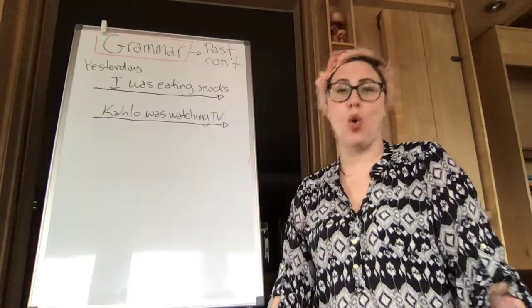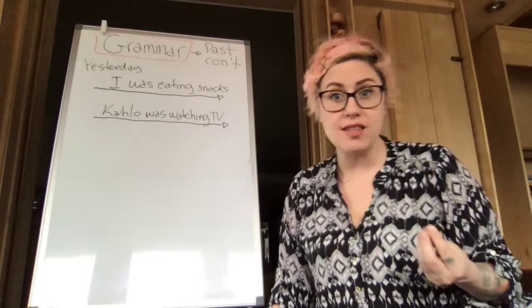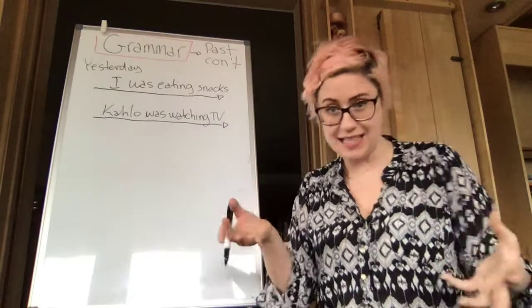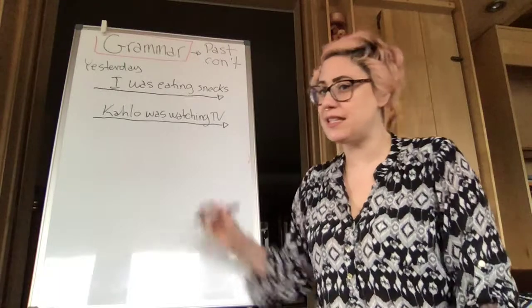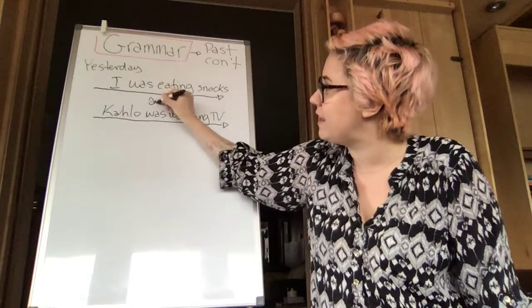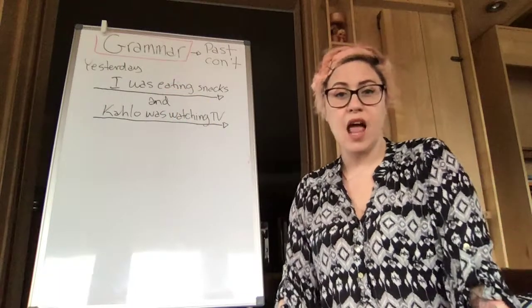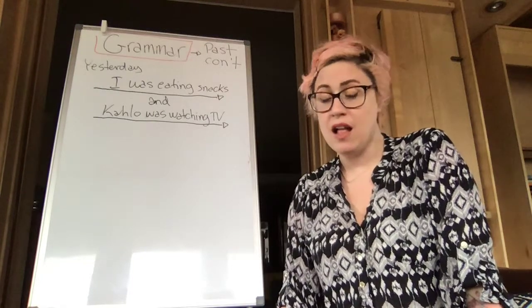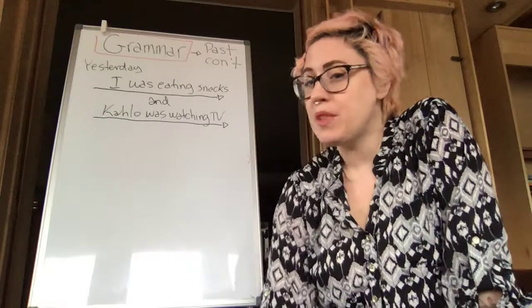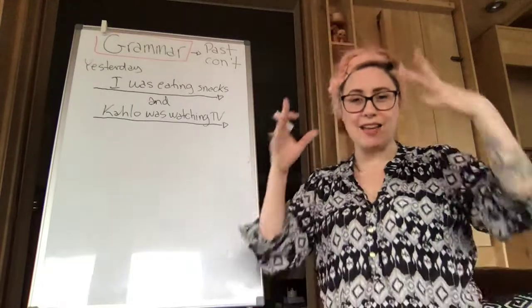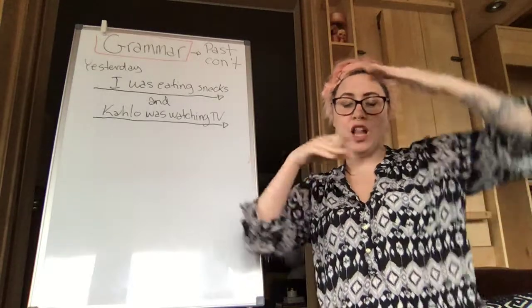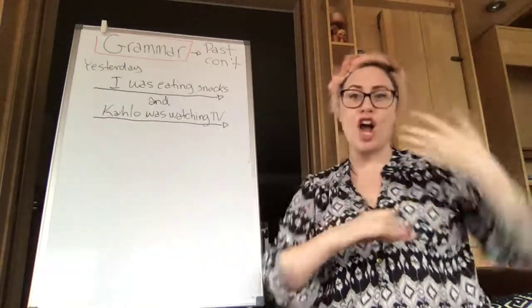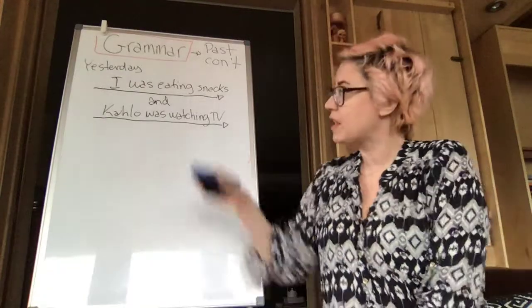And you can join these two clauses because they are complete ideas. You can join these two clauses together with a simple word like and, right? I was eating snacks and Callow was watching TV. That's totally fine. But it does mean, because I can feel these two long actions, it does mean they are happening at the same time.